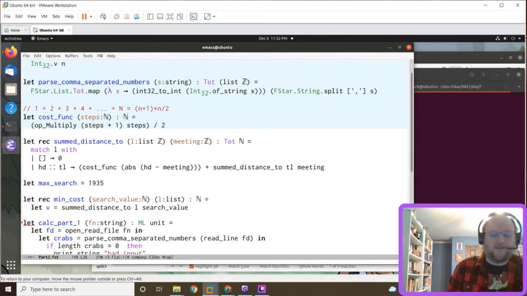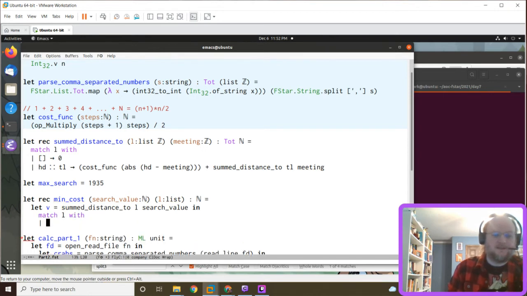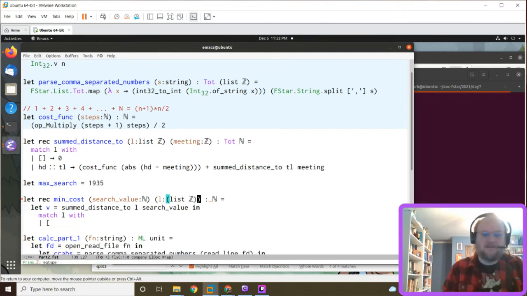All right, so there's our new value, and we want to compare that with everything else. All right, so if we don't actually need that.